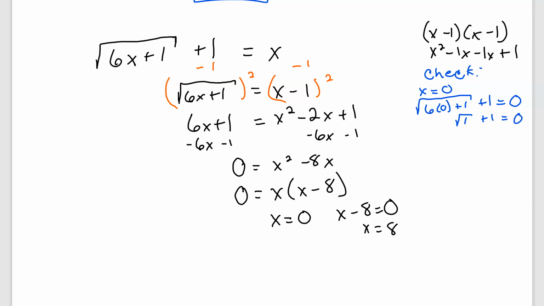Square root of 1 is 1 plus 1. 1 plus 1 is 2 is equal to 0. 2 does not equal 0. So x equaling 0 does not check out. This one's an extraneous solution.